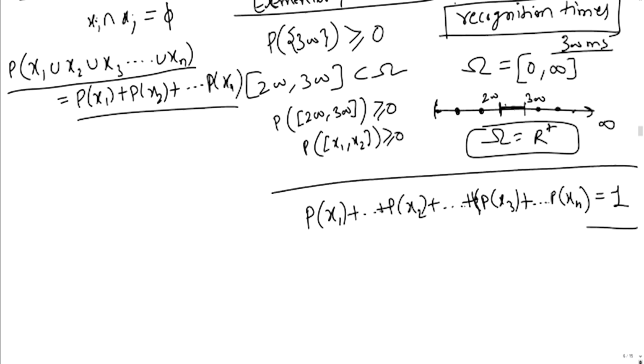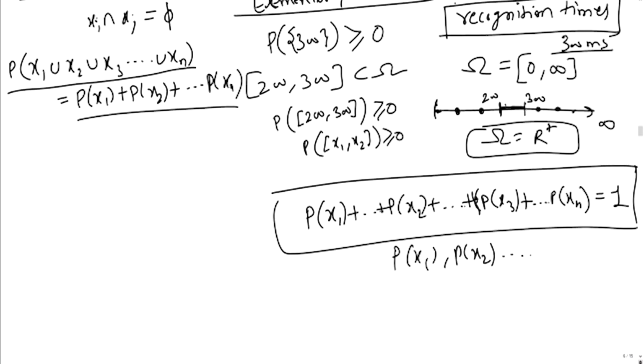That's what you have derived from the second and third axioms. Also, these individual probabilities, probability of x1, probability of x2, all should be greater than or equal to 0.